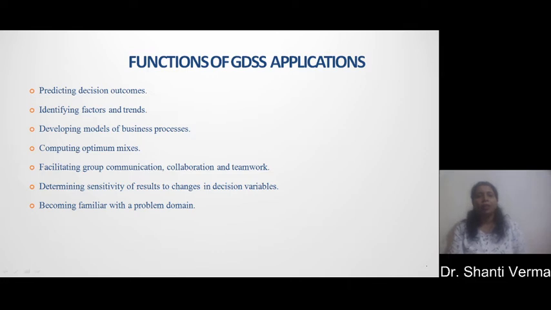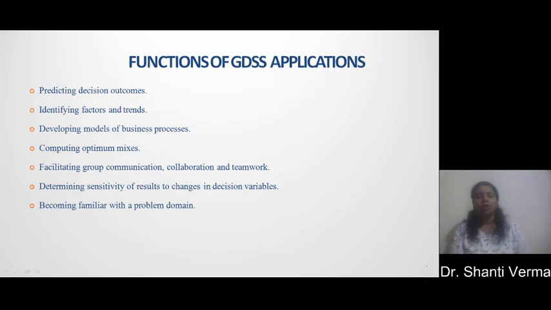Now let's discuss functions of GDSS applications. GDSS applications are used in various industries for various different tasks. First is predicting decision outcomes, identifying factors and trends of the organization, developing models for the business processes for taking quick and unbiased decisions, computing optimum mixes, facilitating good communication, collaboration and teamwork.